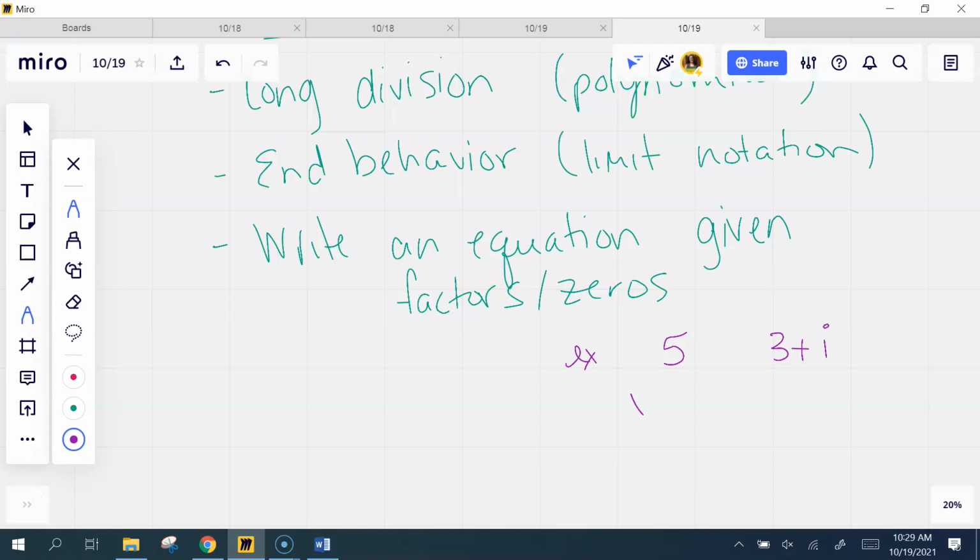Yes, this means that x minus 5 is a factor, and x minus 3 minus i.